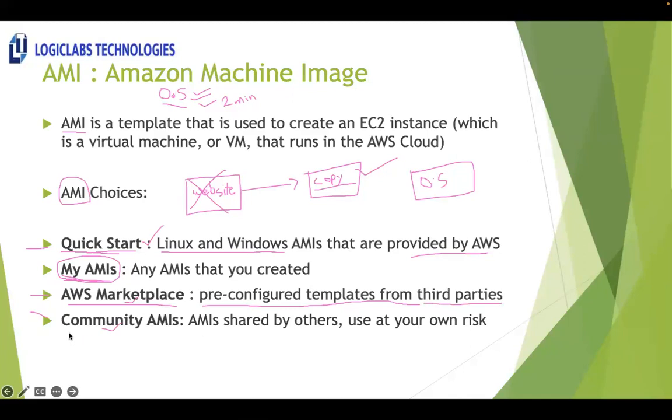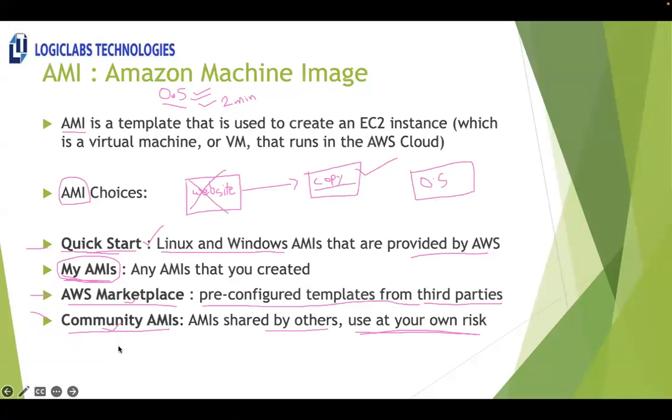And finally, the fourth option we have is called Community AMI, AMI shared by others. Okay. Use at your own risk. It's most important, folks. AWS is saying if you are using a Community AMI, what is inside the operating system, Amazon hasn't checked. It depends on your own risk because it is not a verified product.